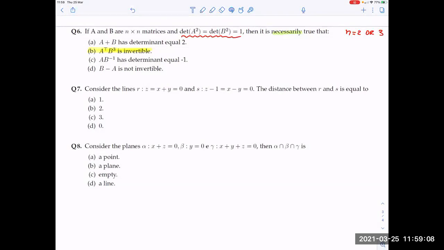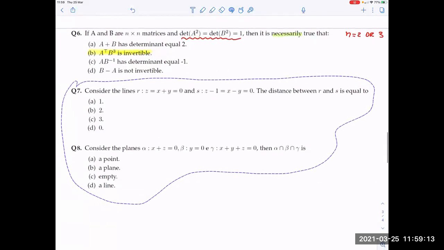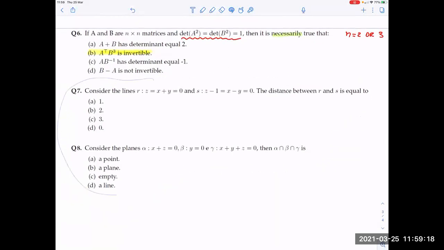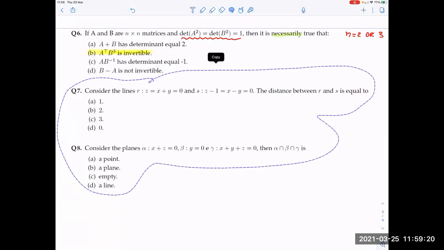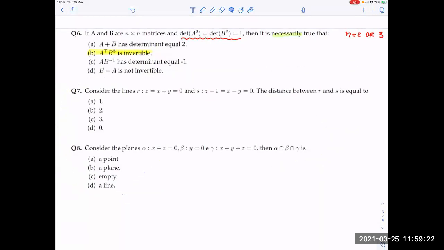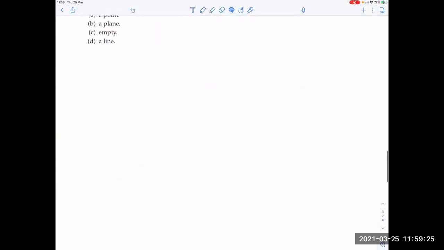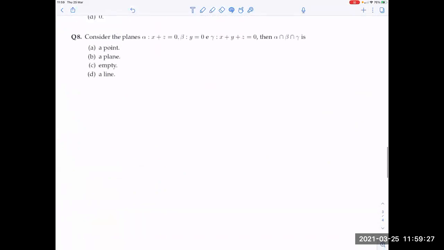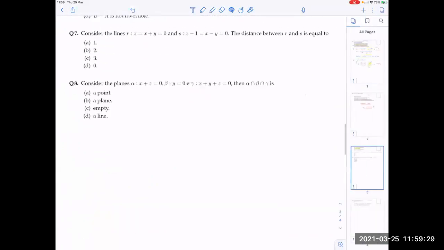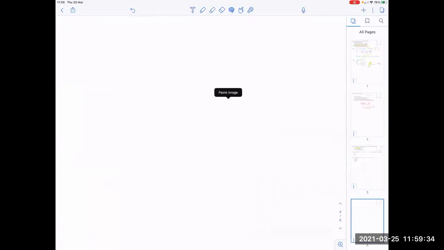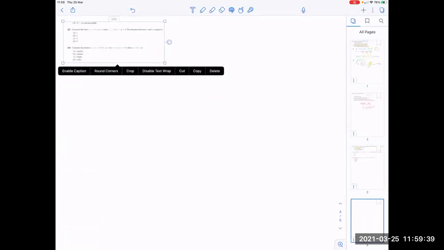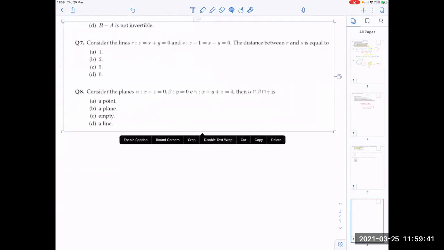So let's see if I can make a little bit more space available. No, let's see. Let's see what we can do. Yeah, I think I can do this. I can go here, make a new page. Yes, then I can put it here. Yep. So we will have more room for this too.